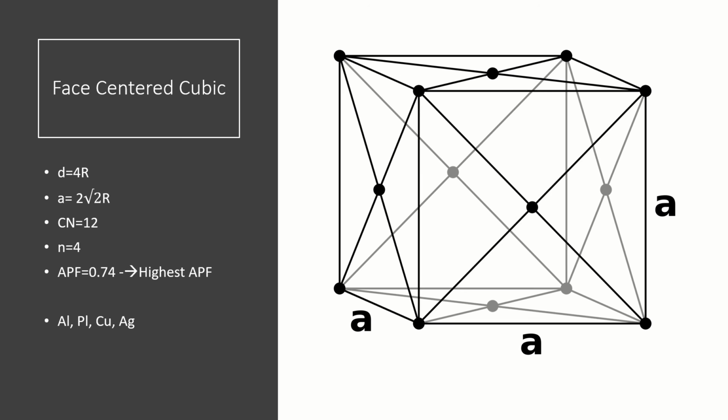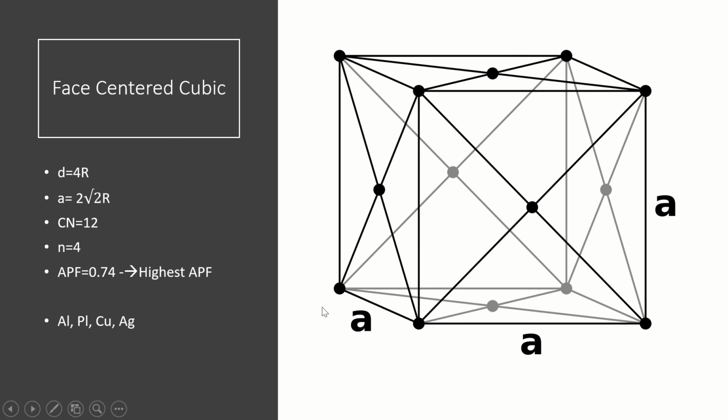It's also the same as one that we're going to see in the next few slides, but it is the highest atomic packing factor of the metal crystal structures. A couple of examples of metals that contain a face-centered cubic structure are aluminum, platinum, gold, and copper.